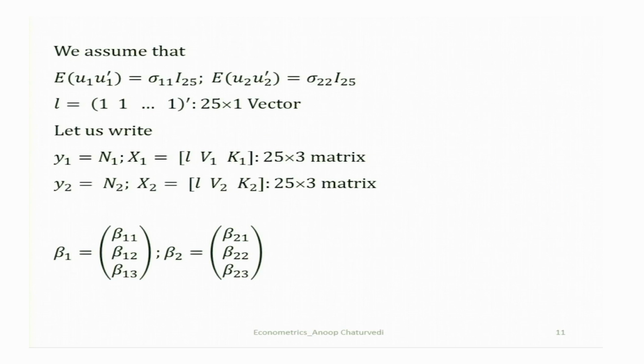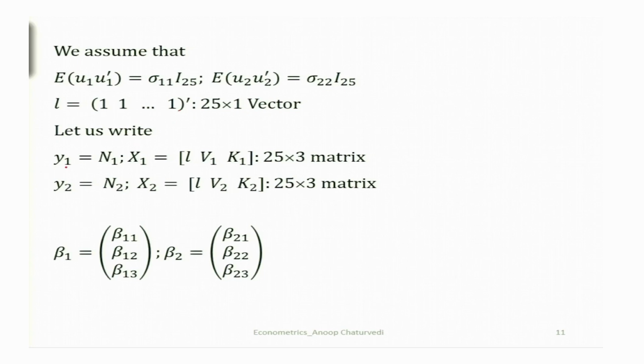Then we assume that expectation of U1 U1 transpose is equal to sigma 1 1 I 25, expectation of U2 U2 transpose is equal to sigma 2 2 I 25, just the assumptions of the multiple linear regression model. Then as I told earlier, L is a 25 cross 1 vector with all elements equal to 1.